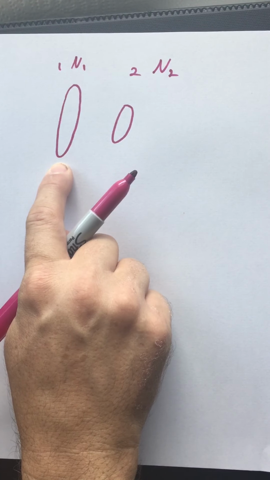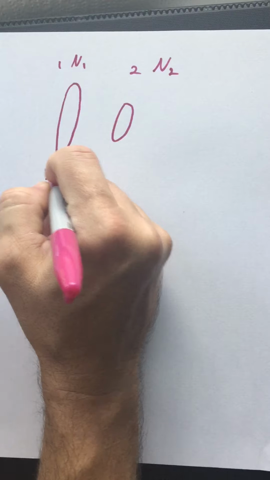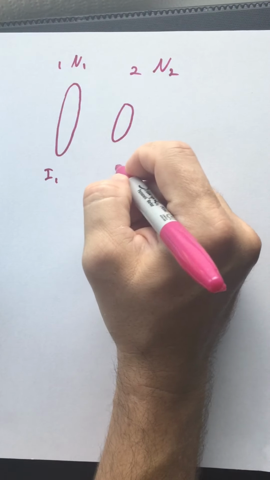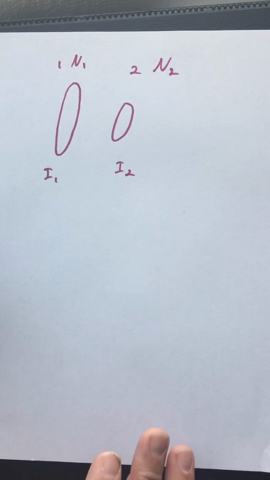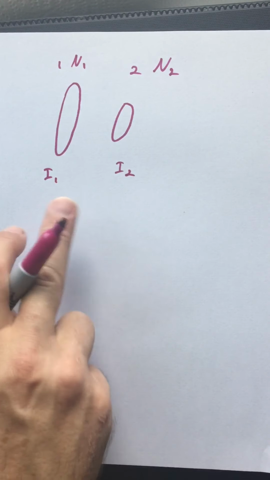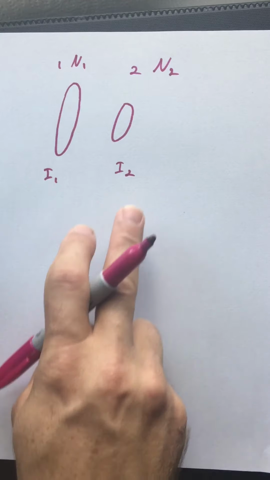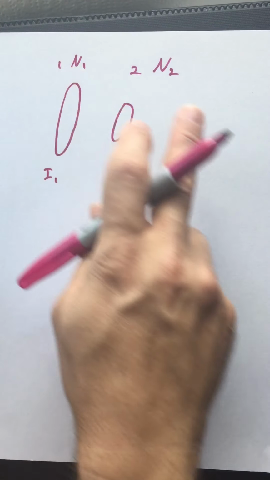We'll say that possibly there's a current I1 here, and there could be a current I2 here. Whether we drive the current or it is driven by a changing flux just depends on how you set it up. But in general, there could be a current in coil 1, a current in coil 2, N1 turns in coil 1, N2 turns in coil 2.